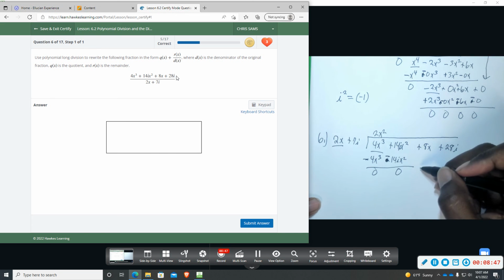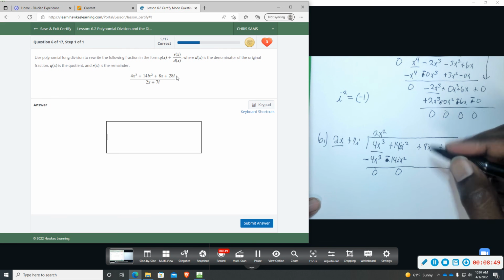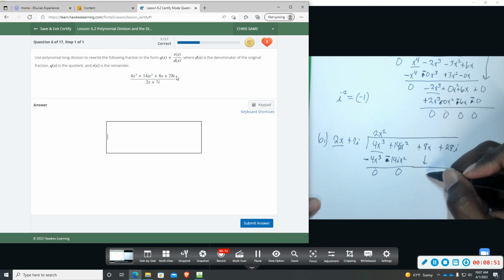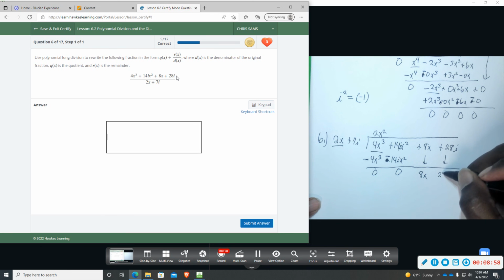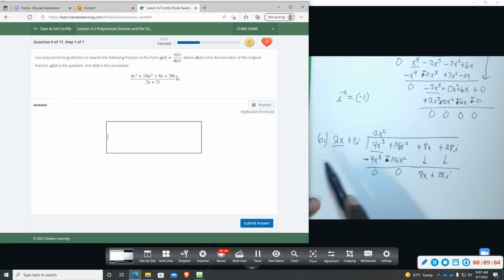All right, so now we're going to bring the next 2 terms down. Since we lost everything, go ahead and bring the next 2 down. Here's actually what would happen.